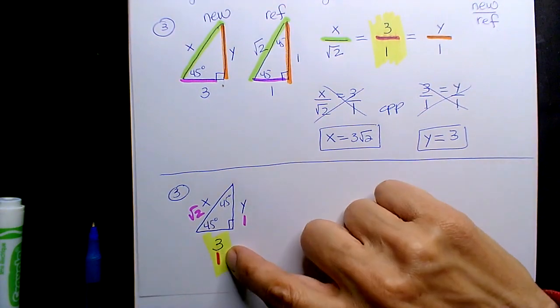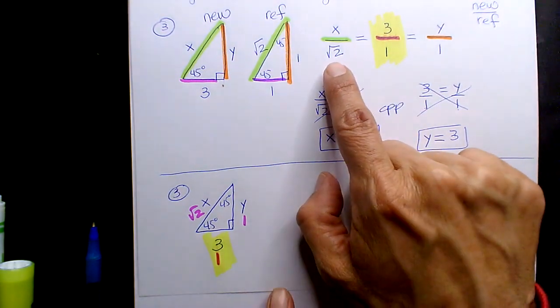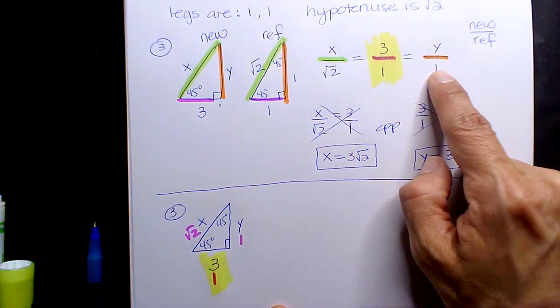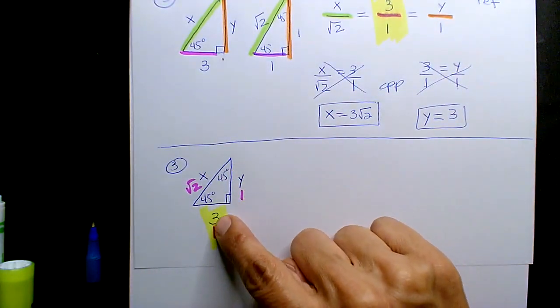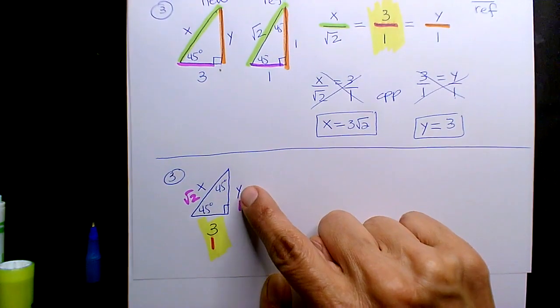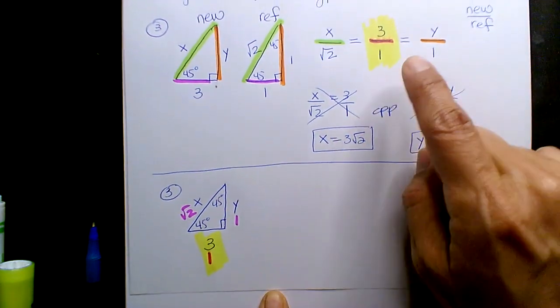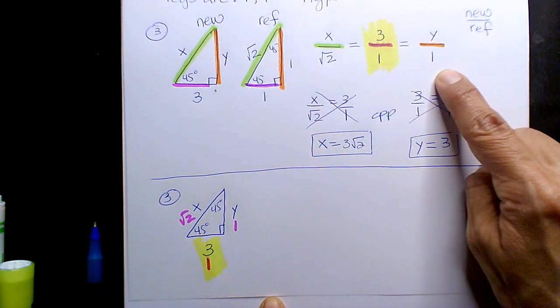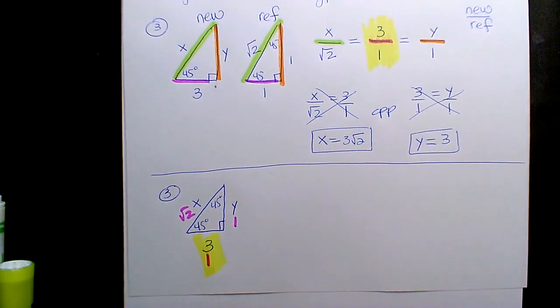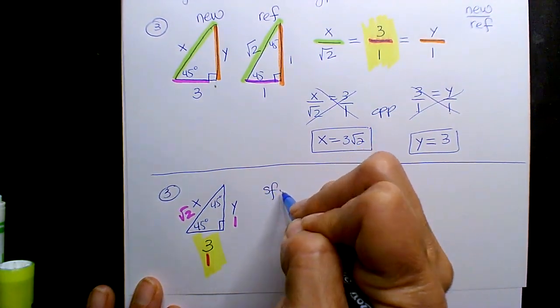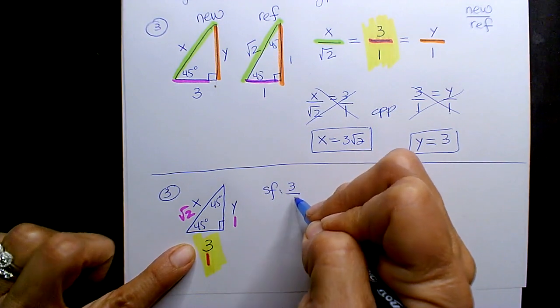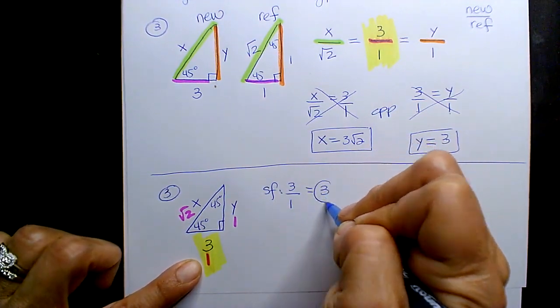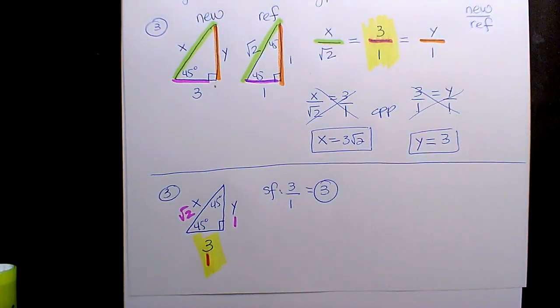See how there's 2 numbers? So your statement of proportionality is right here. X over rad 2, y over 1, 3 over 1. It's exactly this. Okay, what is your scale factor? It is the new over the reference, so my scale factor is 3.